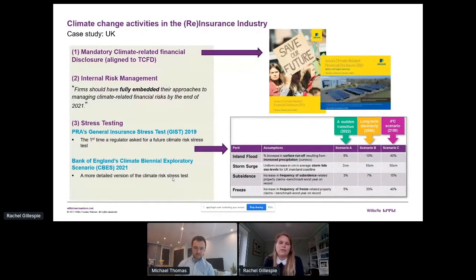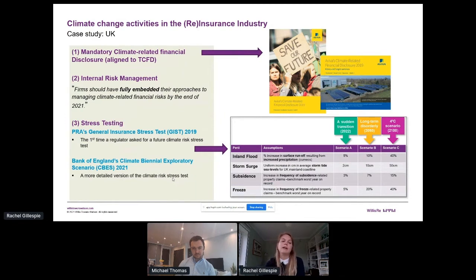Why are we really interested in this in the reinsurance industry? We're going to look at a case study of the UK. We've done quite a bit of work on the UK, and it's also a territory that's really leading, looking at climate change and stress testing especially. There are 3 main sections, and firstly, the mandatory climate-related financial disclosure that companies have to report on.